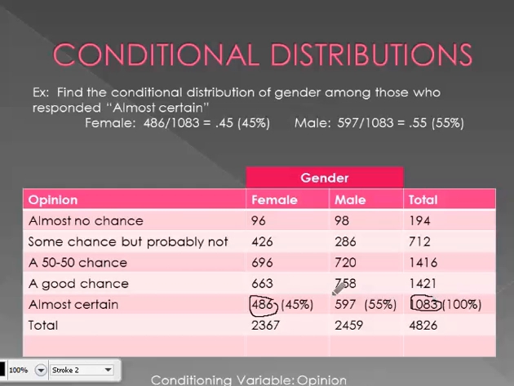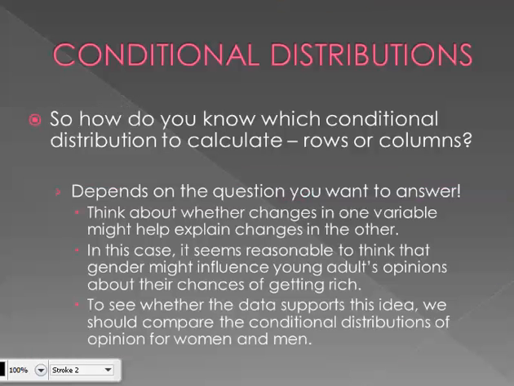That would have told me what percentage of the people who thought they were going to be rich were female. Depends upon how you say it, doesn't it? Or what percentage of people who thought they were almost certain they were going to be rich by age 30 were male? Depends upon how you say it and how you want to do.